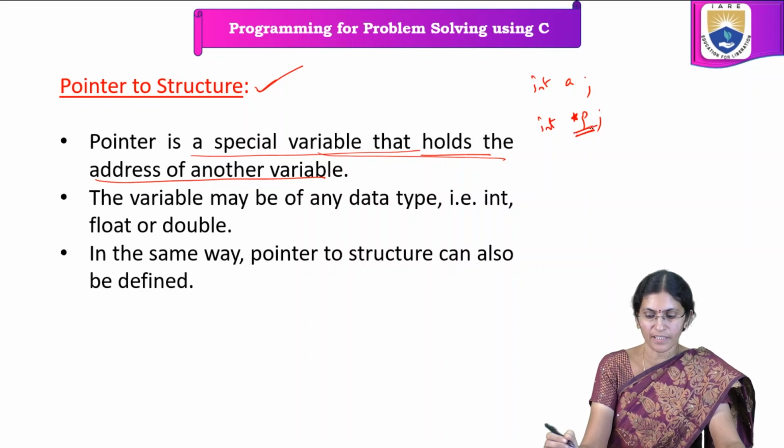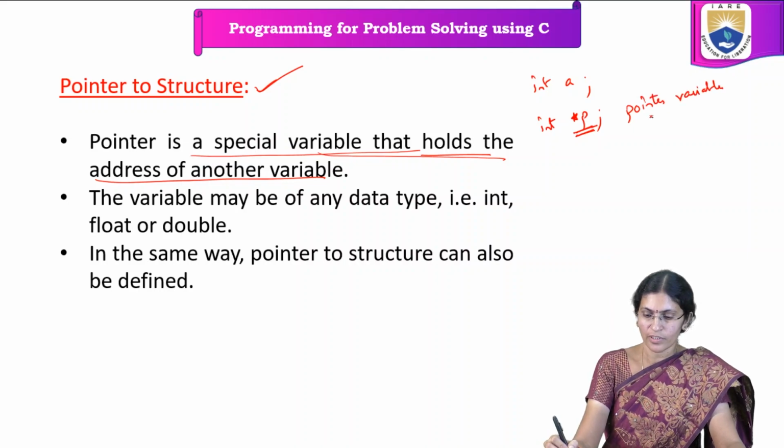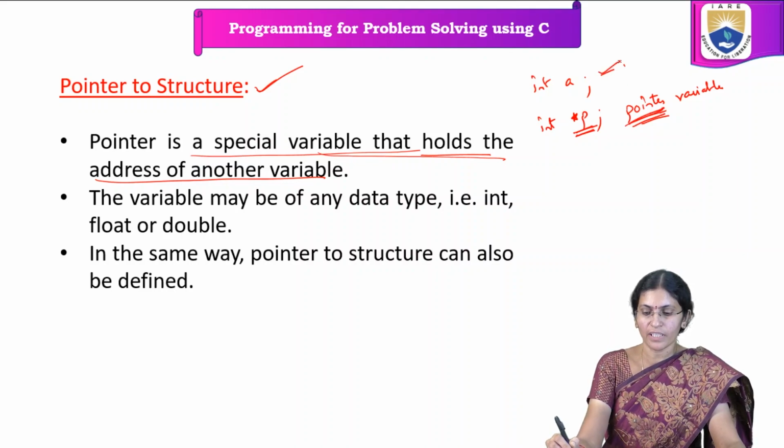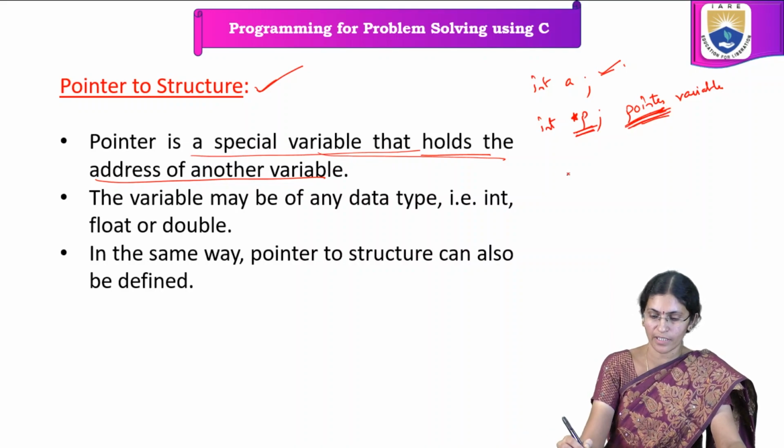This indicates that p is a pointer variable here. The difference between this variable and this pointer variable is that the variable a stores the value, whereas the pointer variable stores the address.